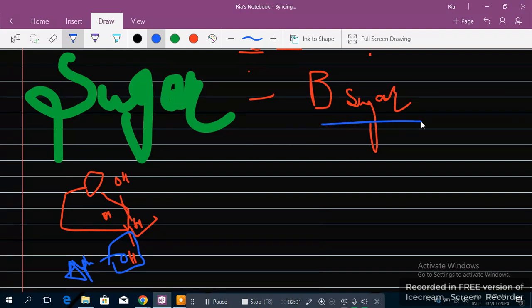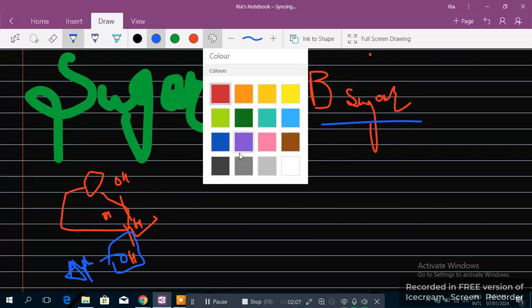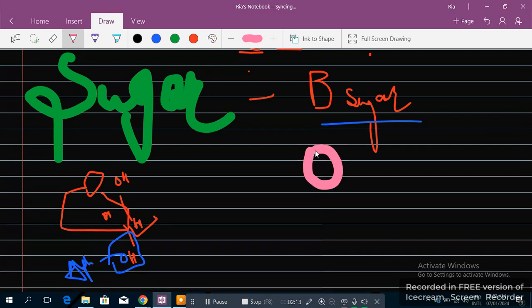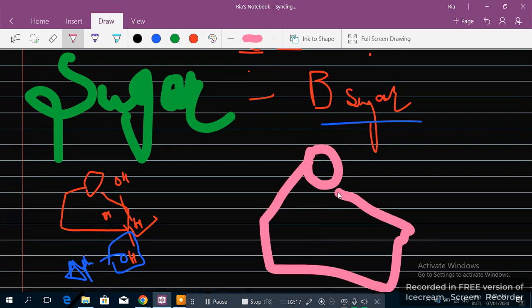So here you will see another structure. I'm making a structure, then I will show you. So here you will see like this, this kind of a structure.